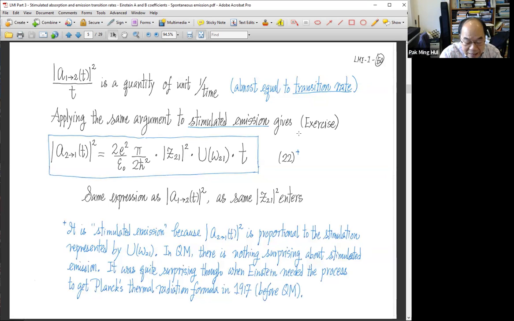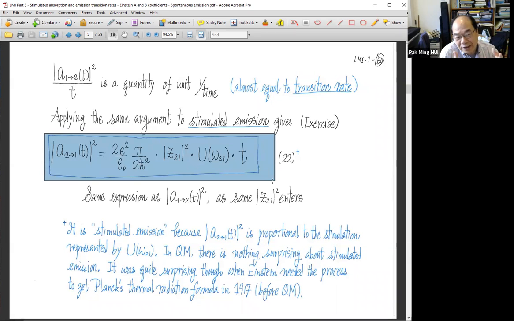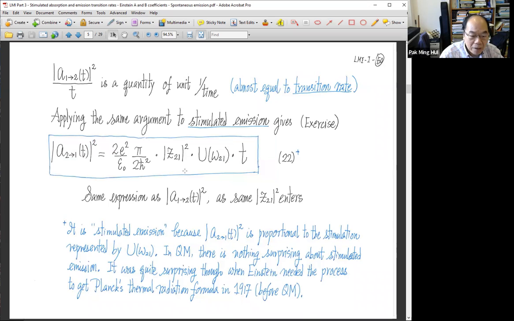Now, I can start with the stimulated emission expression, the 2-1 expression instead of the 1-2 expression, following every step. I haven't done it here for you explicitly, but the answer is very clear. It's the same thing, only that this is 1-2 and the other 2-1. But we know this square is the same for two different states. Okay. Therefore, we have the same expression.